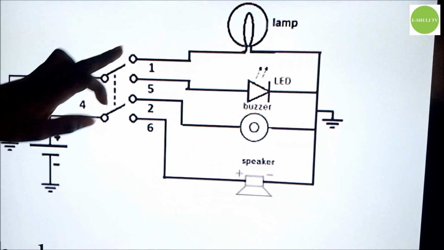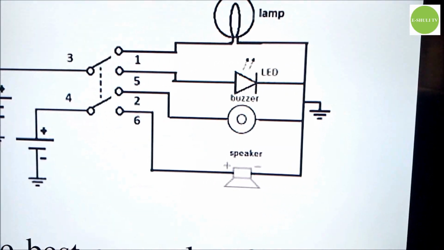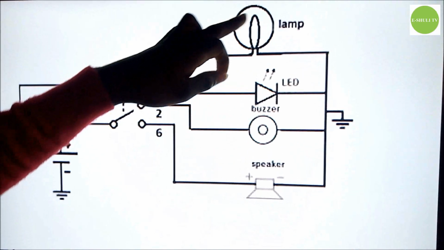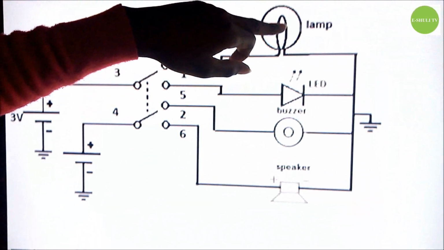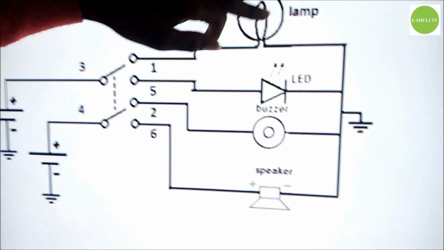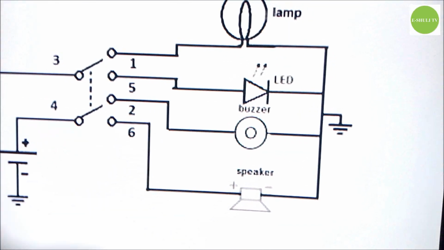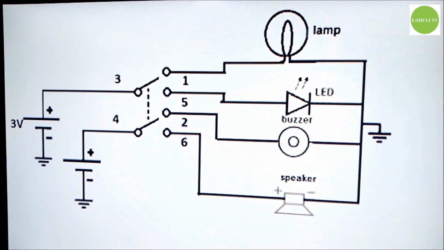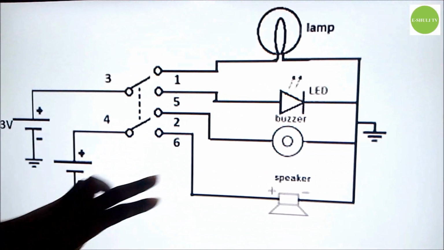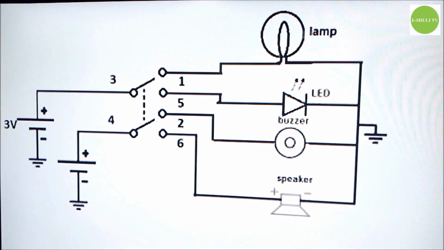We have 4 throw positions to the output, meaning we have 4 output devices. The first output is lamp, LED diodes, buzzer, and speaker. All of these 4 will be controlled by a single switch, which is double pole double through.